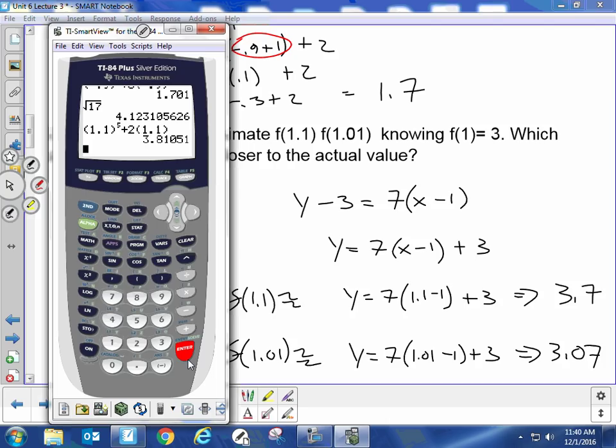You get 3.8, so noticeably off, but still pretty close. But then we look even closer to 1 and it's super close, accurate to the second decimal place.